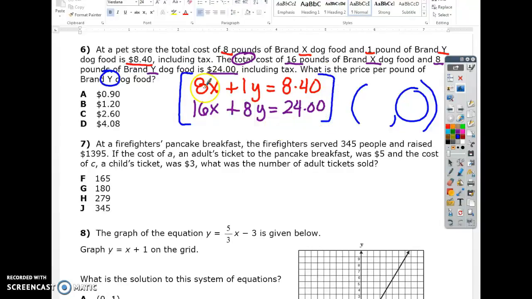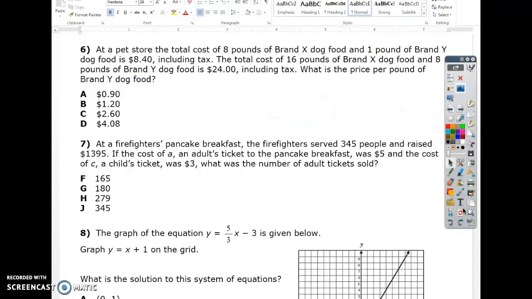Matrix. Here are my numbers: 8, 1, 8.40, 16, 8, and 24. Go find the solution and give me the Y. I only want the Y. So is that going to be the top number or the bottom number? The bottom number.